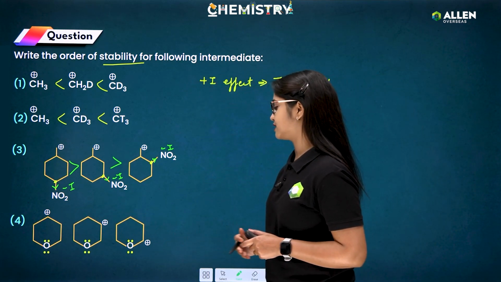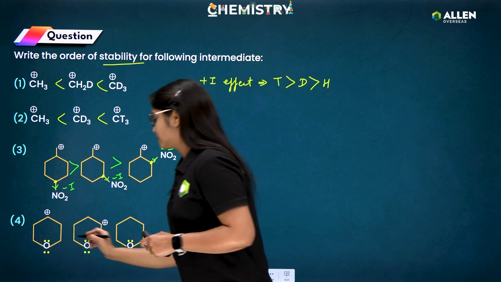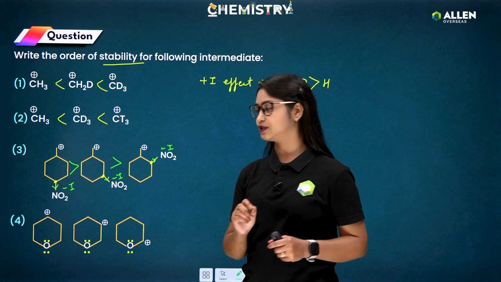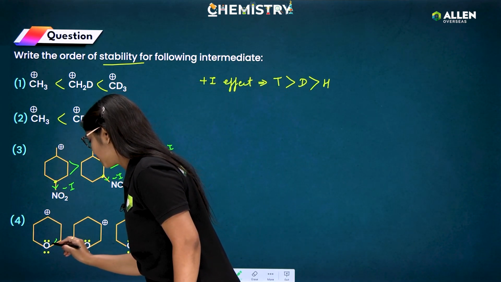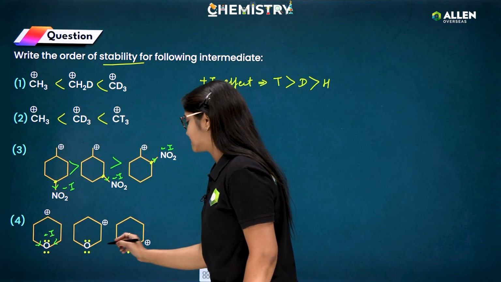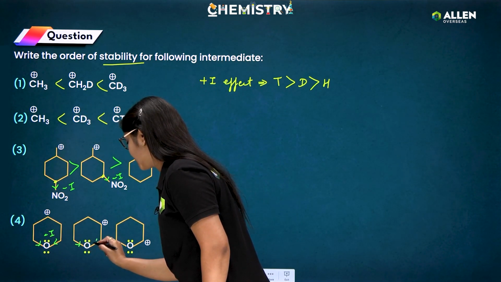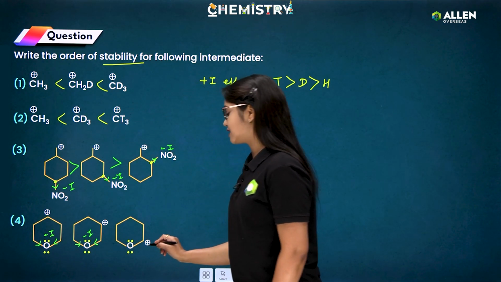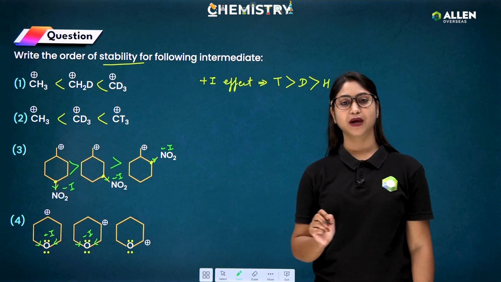The position of carbocation is different here. In the first case, the oxygen is highly electronegative, so it will apply minus I effect. In the second one also, it is applying the minus I effect. And in the third one, it is not applying the minus I effect.